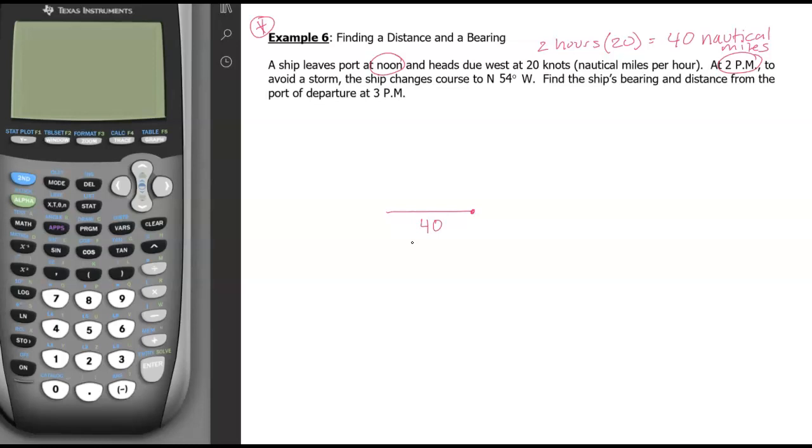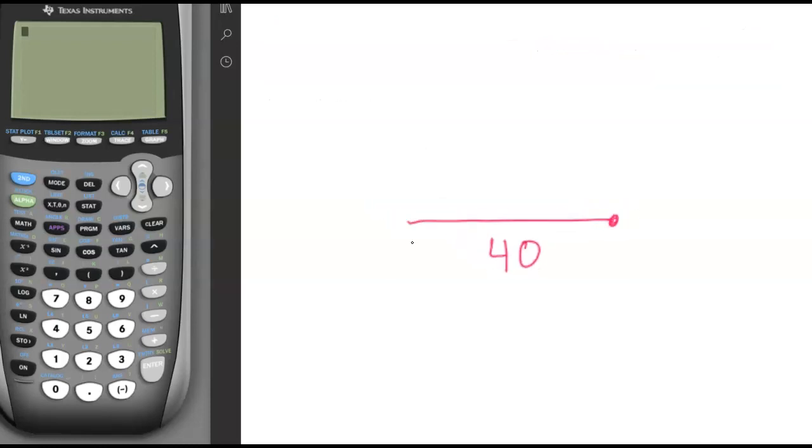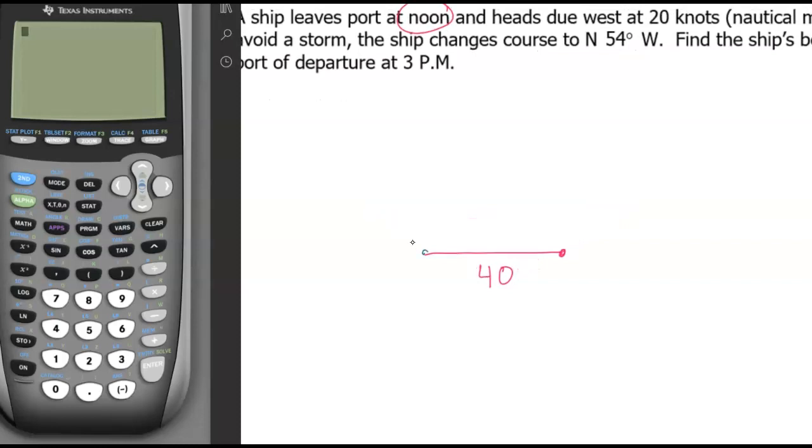Then from here, they changed course because of a storm at a bearing of north 54 degrees west, meaning at this new point where they changed direction, I have a new coordinate plane with that point at our center, where this is north, east, south, and west.